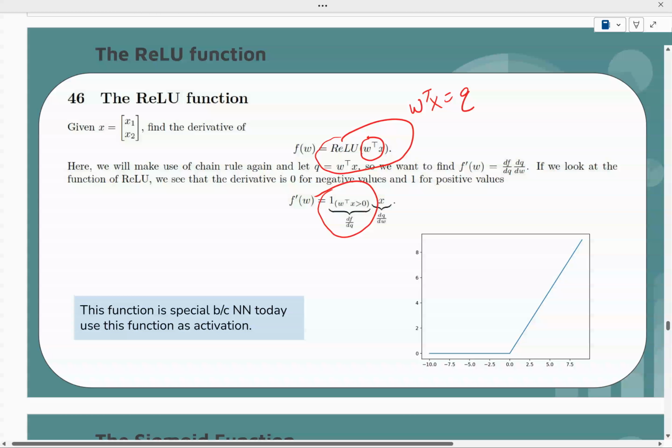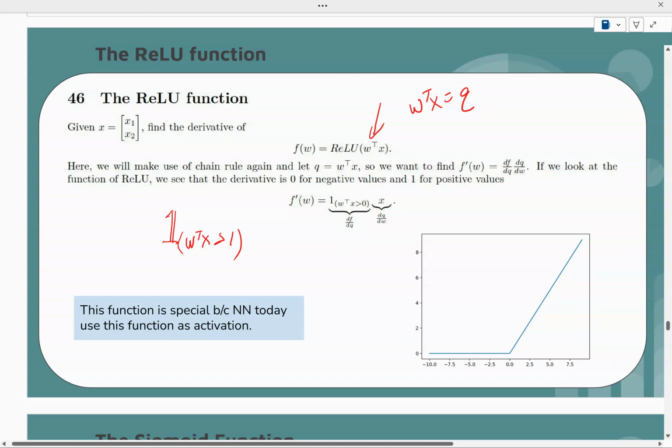An indicator function is a function that if this condition is met, then it's 1. If it's not met, then it's 0. Okay? So that's how the ReLU is defined. Whatever's inside the ReLU, W transpose x, it's 1 if it's greater than 1. And if this condition is not met, then it's 0.